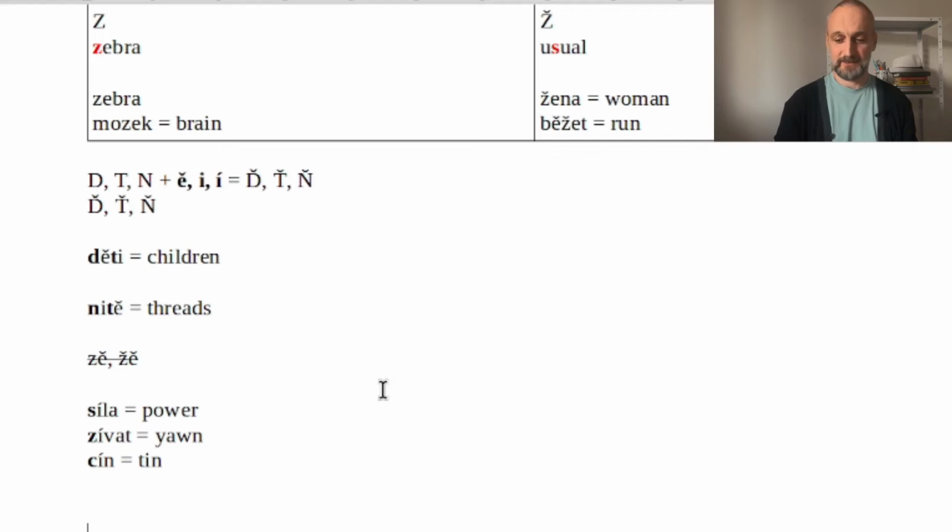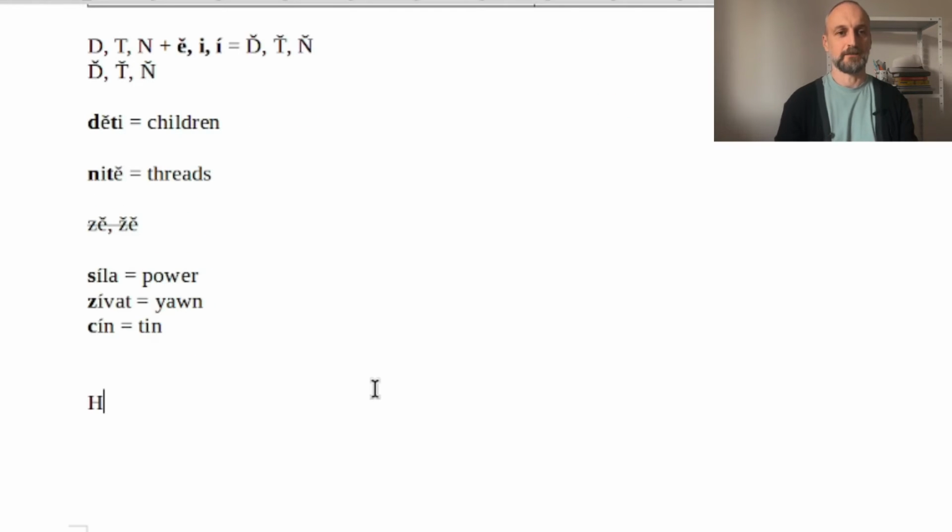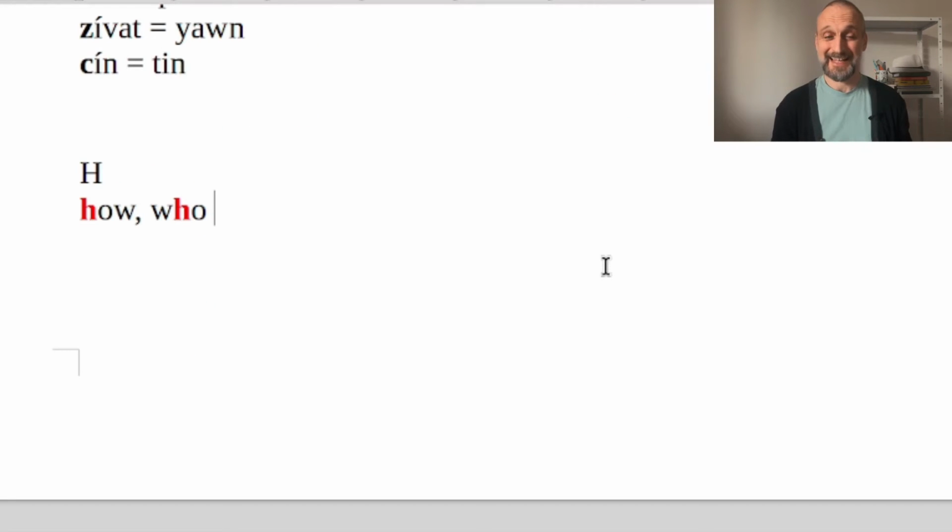And the last consonant today is h. So h is actually pronounced almost the same as in English words like, for example, how or who. However, and correct me if I'm wrong here, please, I think that in English it's pronounced in a more breathy way.